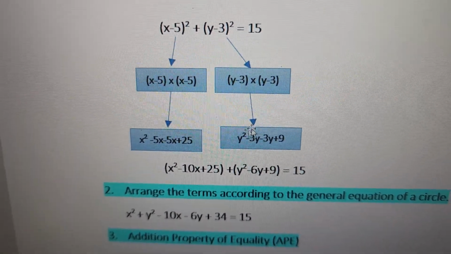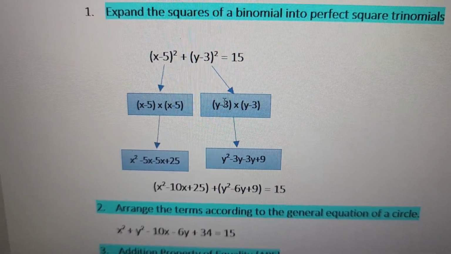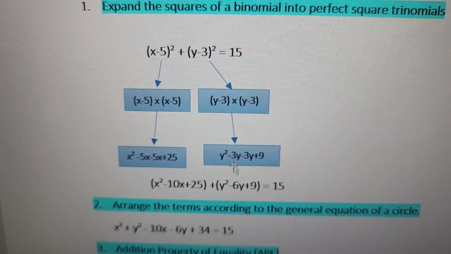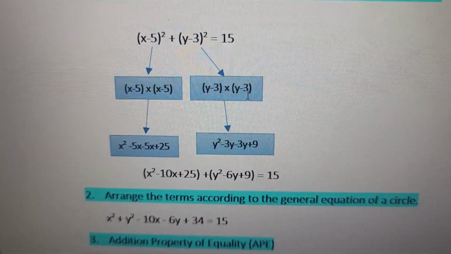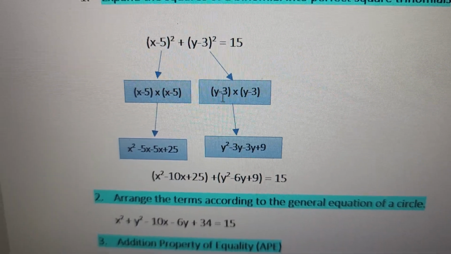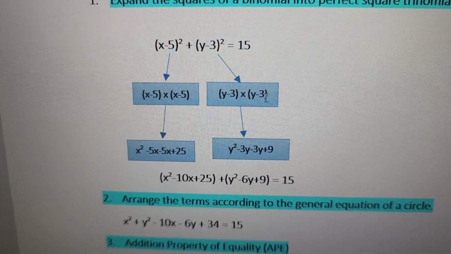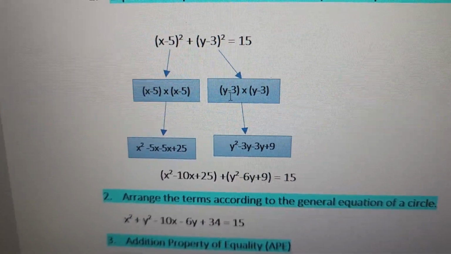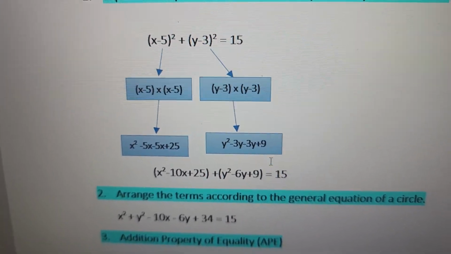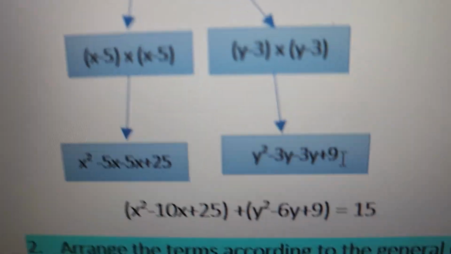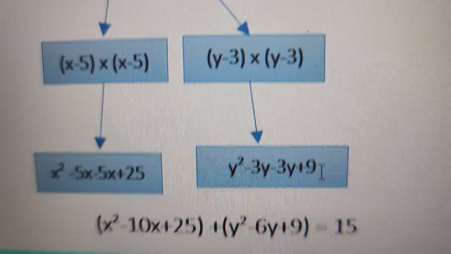Same with the other one: y times y equals y squared, then minus 3 times y equals minus 3y, then minus 3y, and negative 3 times negative 3 equals positive 9. So this is the expansion of this binomial.